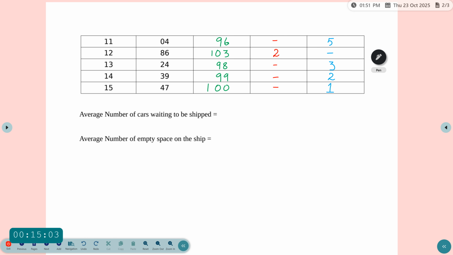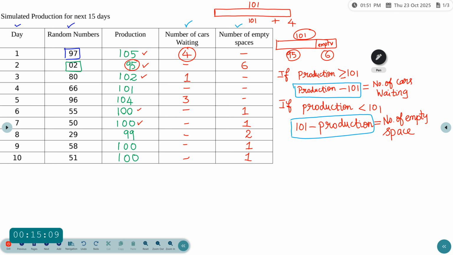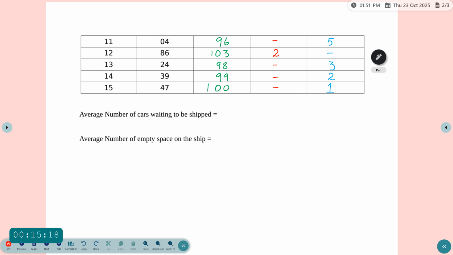Now we need to find the sum of all these values. Sum of number of cars waiting: 4 plus 1 is 5, 5 plus 3 is 8, 8 plus 2 is 10. So number of cars waiting is 10.